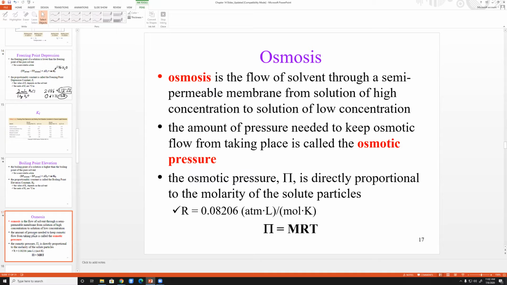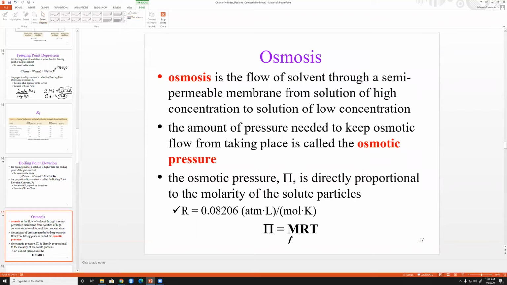Then osmotic pressure. So osmosis is the flow of the solvent, usually water, through a semi-permeable membrane to equilibrate the pressures. So going from a high pressure to a low pressure. And the osmotic pressure directly relates to the molarity of the substance. That makes sense because it's going from high concentration to low concentration.